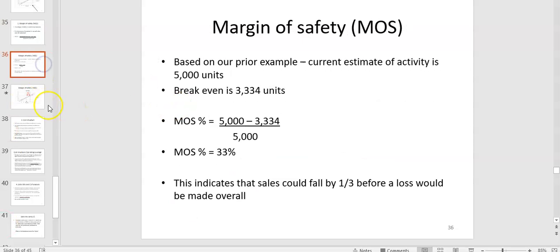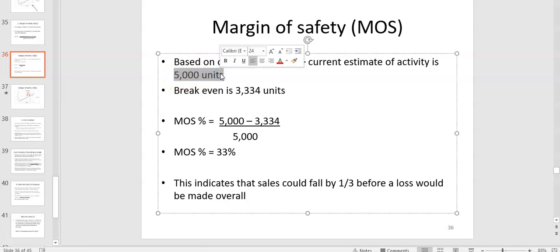So the margin of safety in our current example, the current estimated level of activity was 5,000 units. And we had calculated our break even to be 3,334. Right? So this is all the same example we were looking at before. So that means you have a margin of safety in units of 1,666.